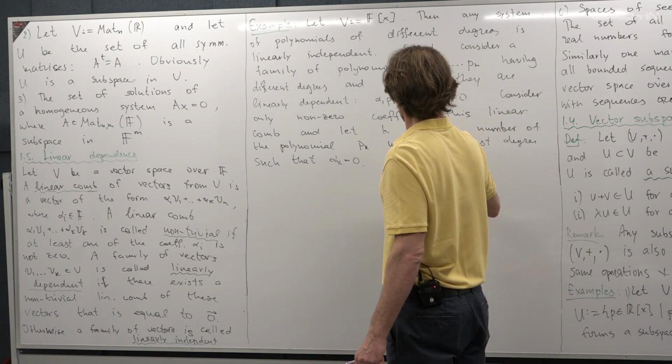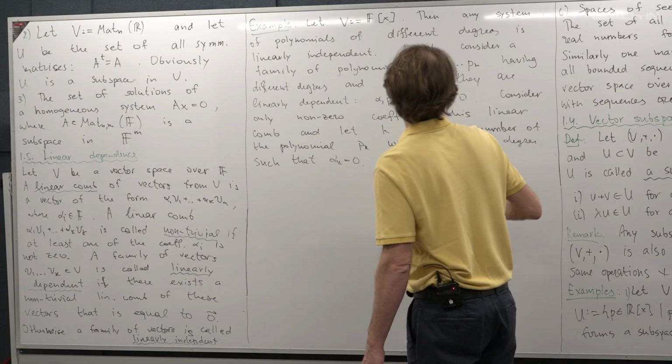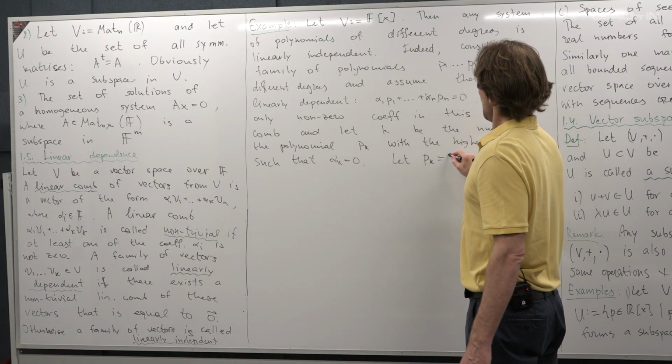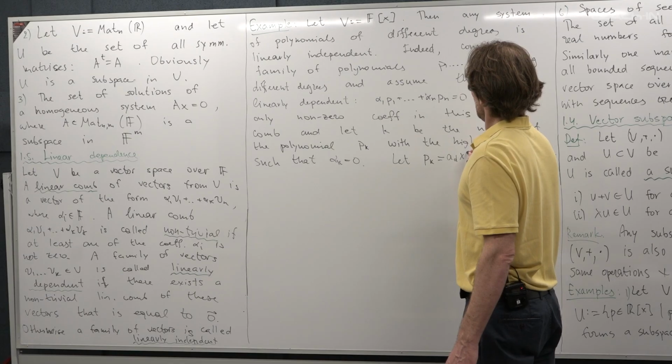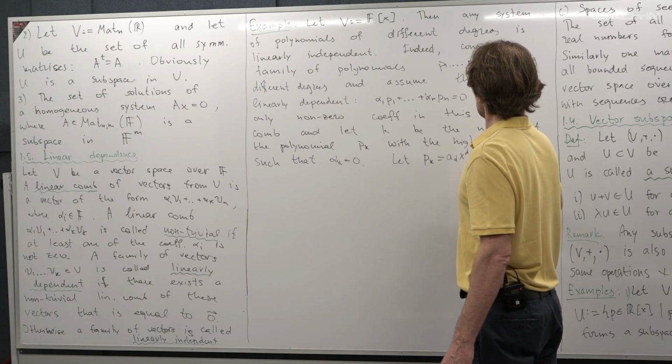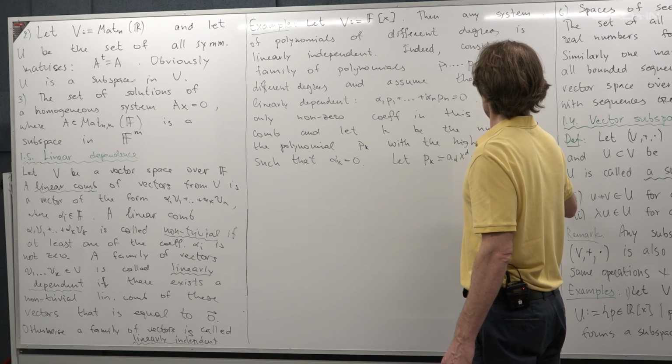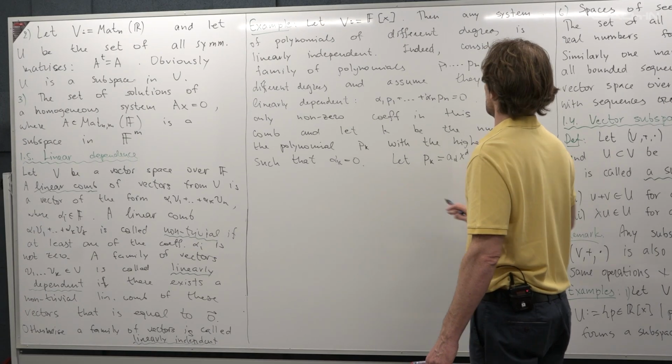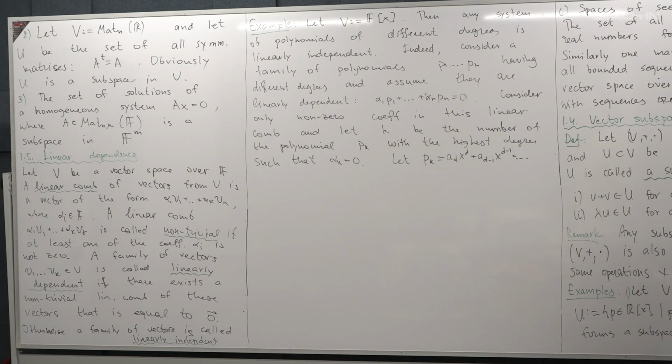Let pk have the form a sub d multiplied by x to the d plus a sub d minus 1 multiplied by x to the d minus 1 plus etc. So this is the highest degree.